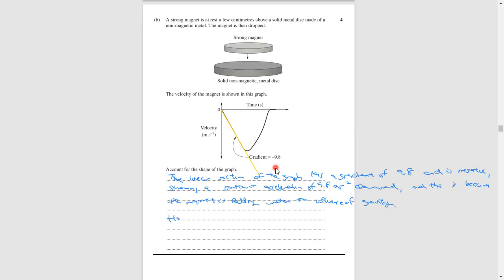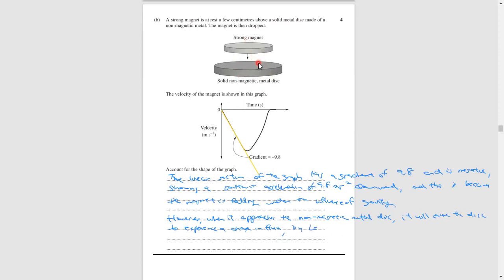However, when it approaches the non-magnetic metal disk, the strong magnet, being a magnet, will cause a change in flux for the metal disk. It's going to experience a change in flux, which by Faraday's law will induce an EMF, and by Lenz's law will induce a current which opposes the drop.